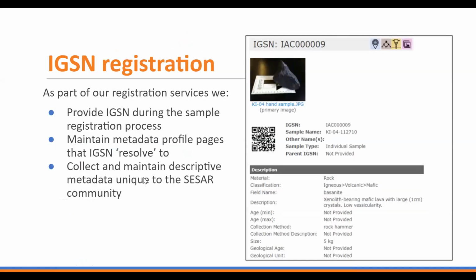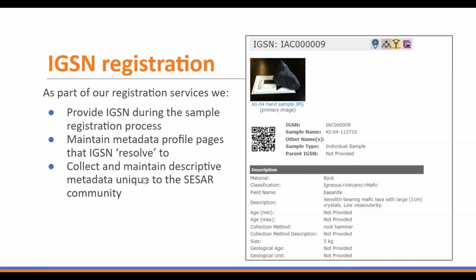So as we've mentioned, SESAR maintains the sample profile pages for every registered sample. These pages contain all the metadata submitted to SESAR, and that could also include images like the sample here on the slide. It could have other associated files, and then there's other information included in the record as well, perhaps the description of the sample, where it came from, the geographic location, where the samples are currently stored, the scientist who collected the samples, and so on.